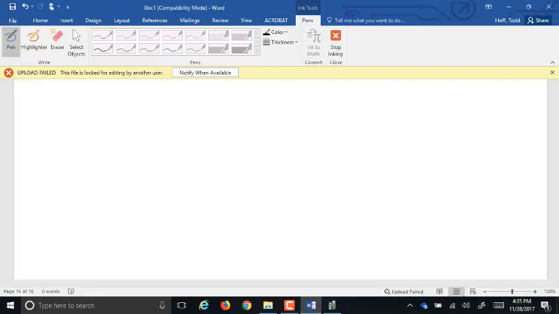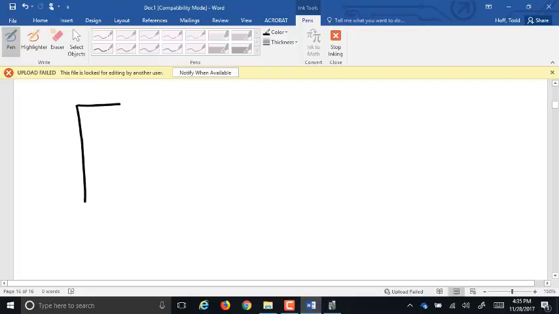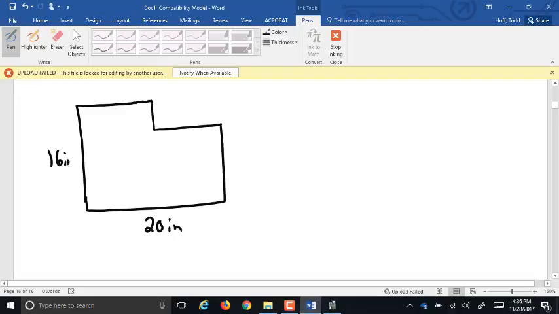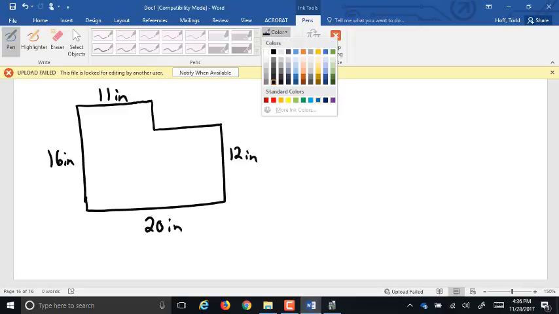So now we can start putting this all together to make some more complex shapes. I'm going to start out with one that looks like this. Let's say that's 20 inches by 16 inches, 12 inches, and 11 inches.